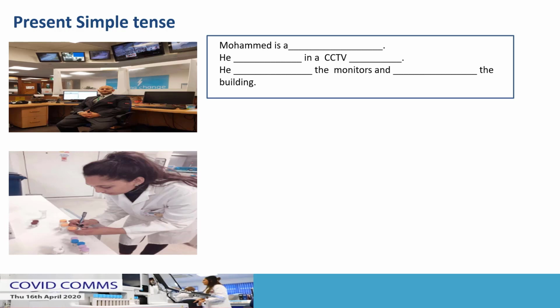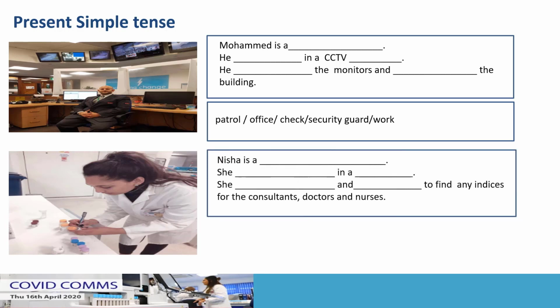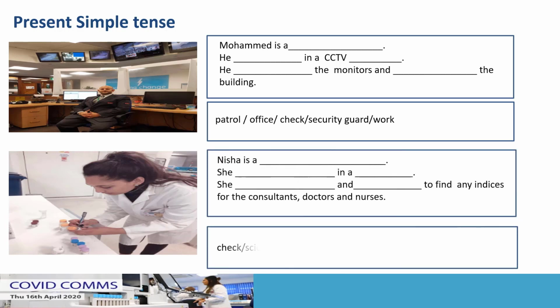Here we have the missing words, but they're not in the correct order. So if you can look at them and complete the sentences for Mohammed. We also have the sentences for Nisha here. And here are the missing words. So pause the video and write your answers. Write down the correct words, choosing them from the words already provided.